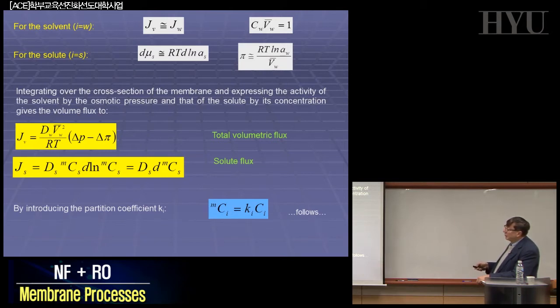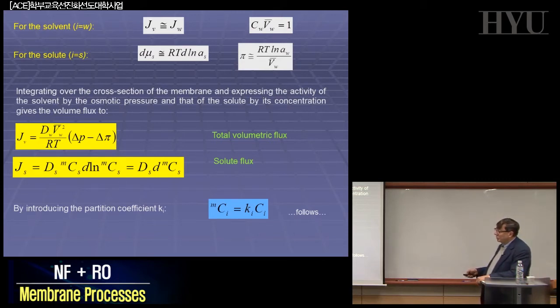If we make the integration along the cross-section or the thickness of your membrane, and express the activity in terms of osmotic pressure, at the end, on the basis of the assumptions, the total volumetric flux is given by the effective pressure that we learned already, delta P minus delta pi, multiplied by the diffusivity, RT, and the molar volume in the membrane system.